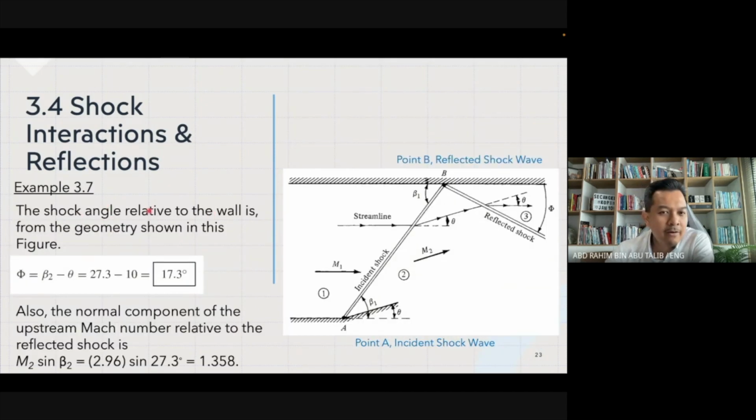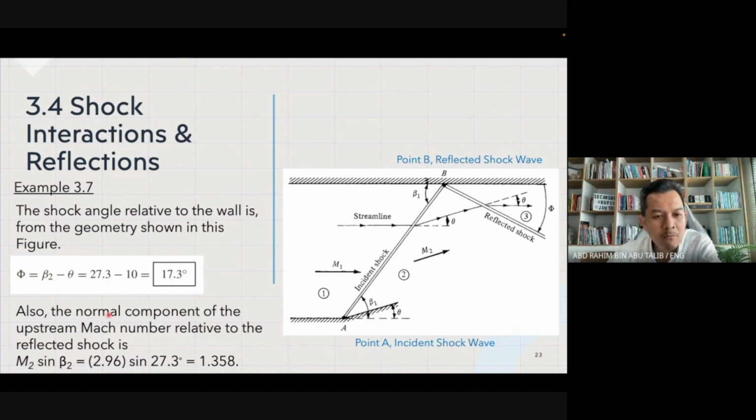So the shock angle relative to the wall is from the geometry shown in this figure. So basically, you know that phi equals beta 2 minus theta. All right. So beta 2 minus theta, which is 27.3 degrees minus 10 degree, you can then obtain the value of phi, okay, which is 17.3 degrees.